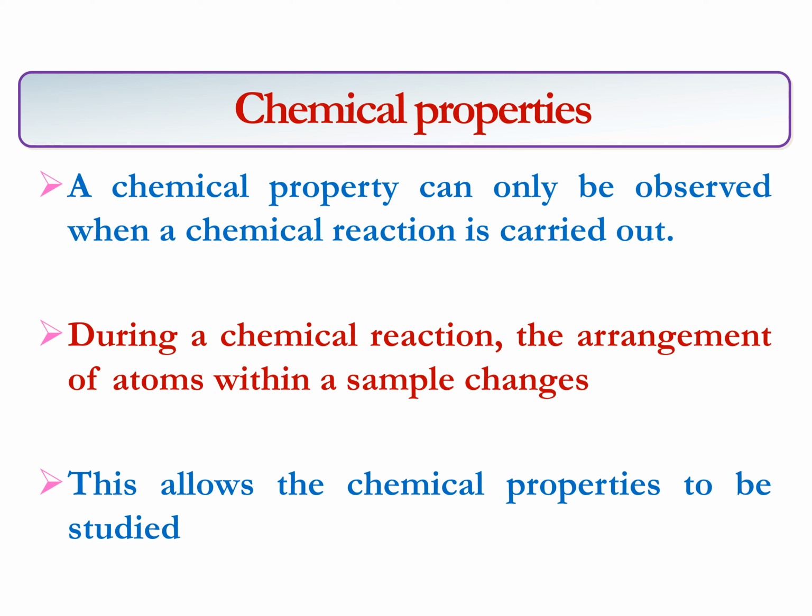During a chemical reaction, the arrangement of atoms within a sample is interrupted. So when a chemical substance undergoes a chemical reaction, its structure is interrupted. This then allows the chemical properties to be investigated.